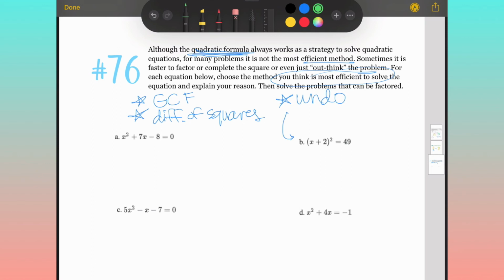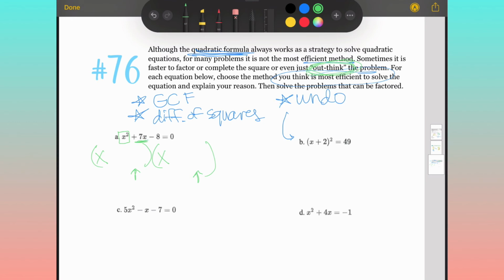So for A, I'm going to use what it says here, that outthink the problem. So since I have x squared, I know that my first term in each parenthesis is going to be just that x. And then I know that this times this has to equal -8, but then they both also have to add up to that +7.